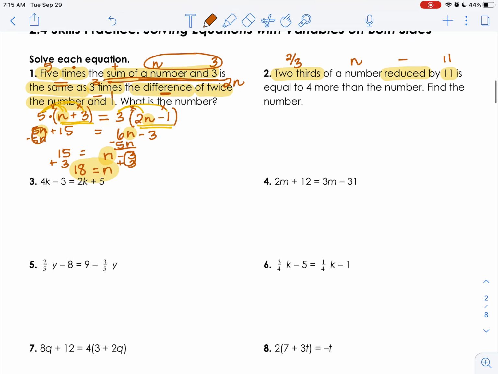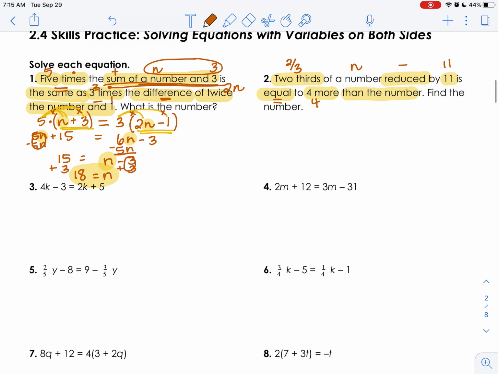So we're taking away 11. And that's equal to 4 more than the number. So 4 more than the number is 4 plus n. And we're going to find the number. So this one will look like 2/3 n minus 11 equals 4 plus n.